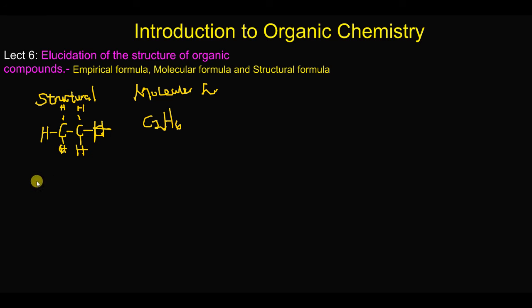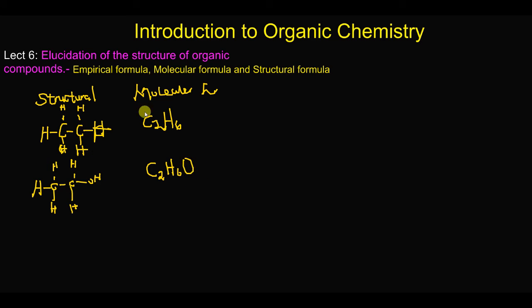Then we can also have, let me write that of the alcohol. Alcohol like this is this. Its formula is 2 carbons, 6 hydrogens and 1 oxygen.